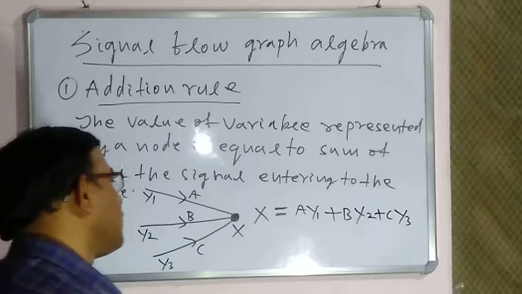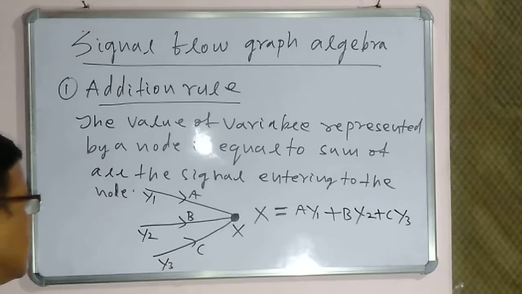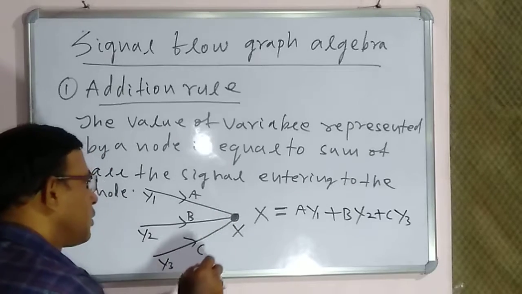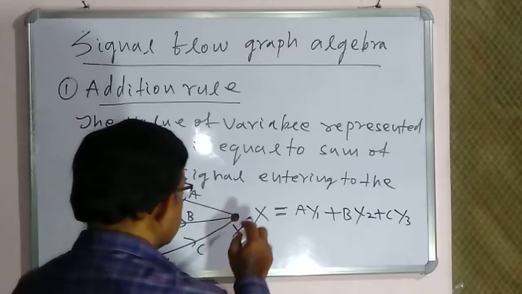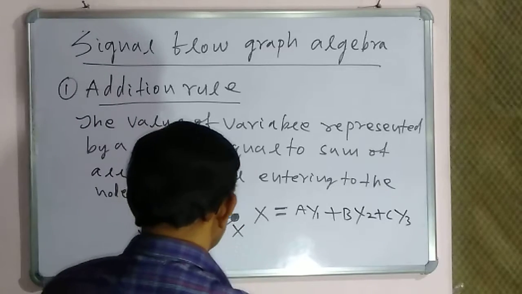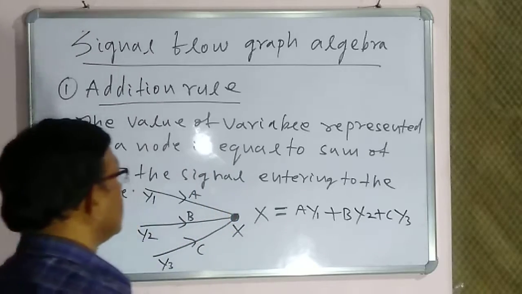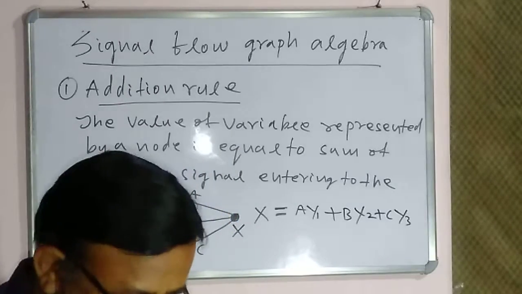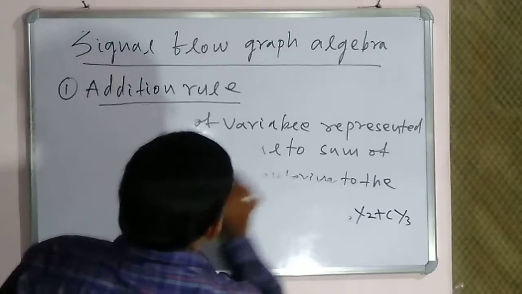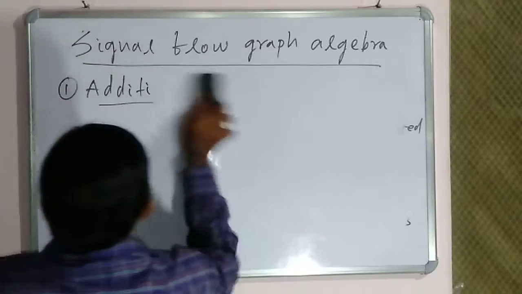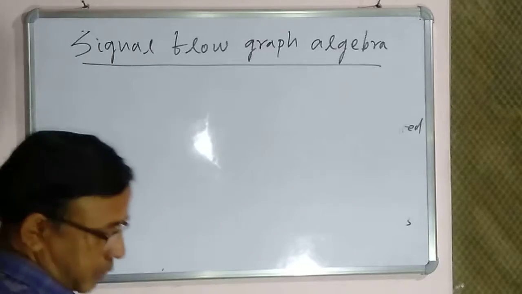So this is called addition rule, that is, the value of this variable must be equal to all the signals entering to this node. This is the addition rule that belongs to signal flow graph algebra.